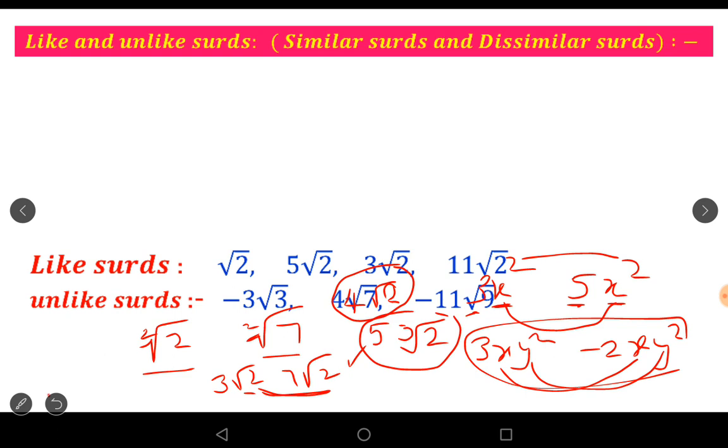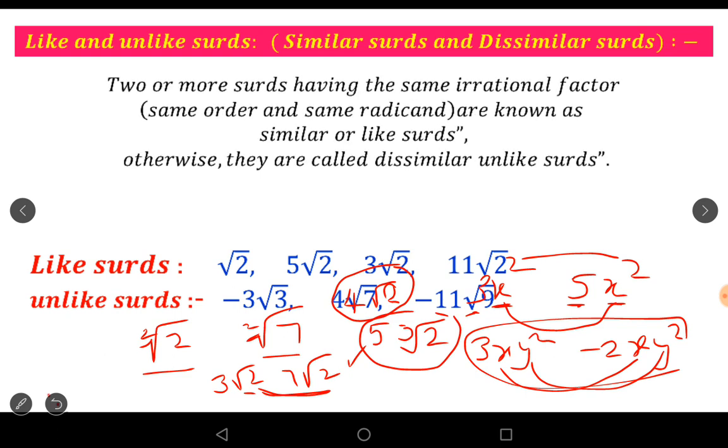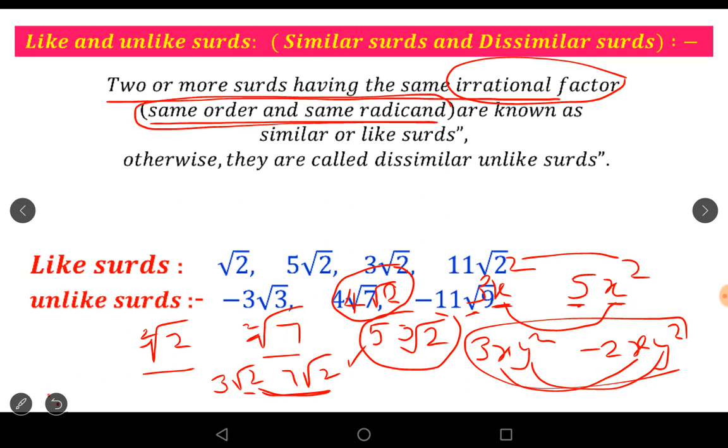Write the definition. Two or more surds having the same irrational factor, that is, the same order and the same radicand, are known as similar or like surds. Otherwise, they are called dissimilar or unlike surds.